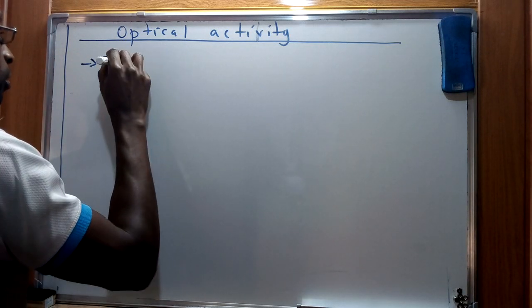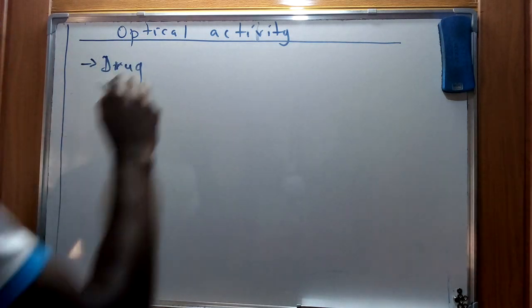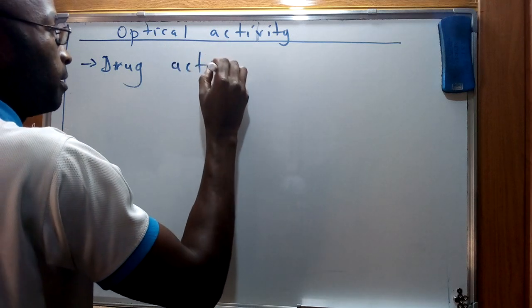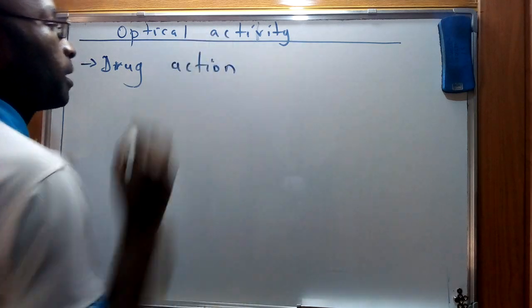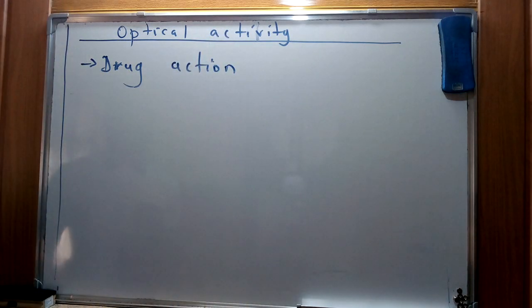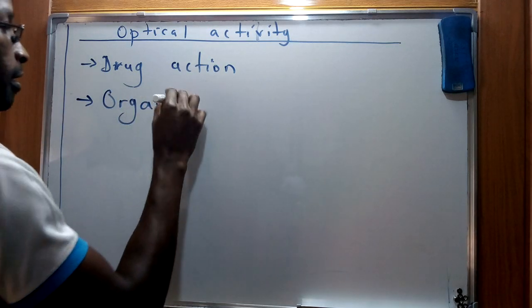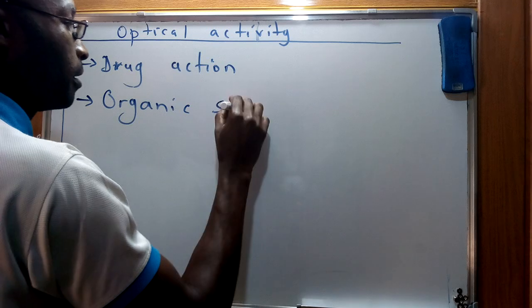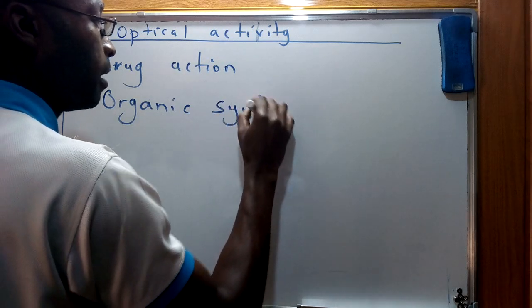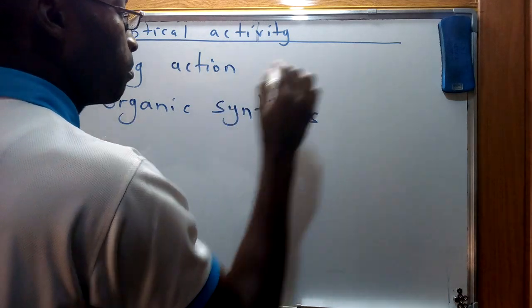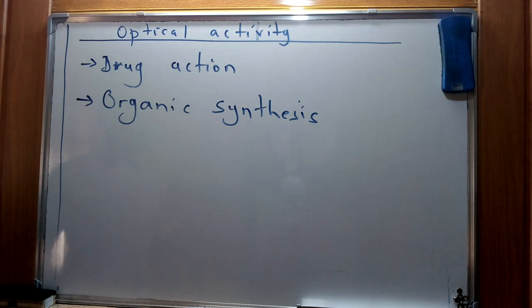So in order to find a way of describing medicinal drug action, it's good for us to understand the concept of stereochemistry. And later we talked about organic synthesis, which deals with coming up with various compounds through organic reactions, which are essential in our day-to-day use.